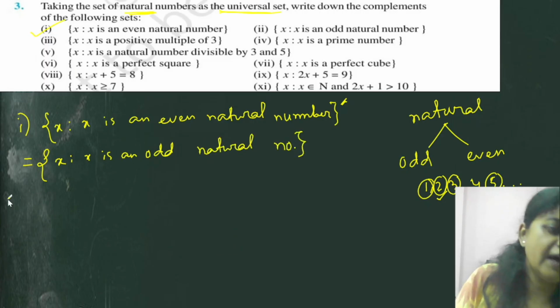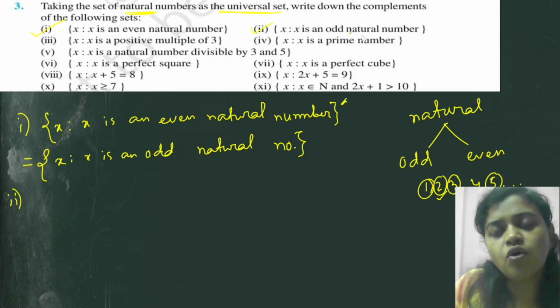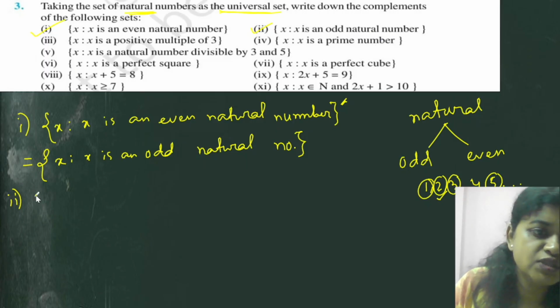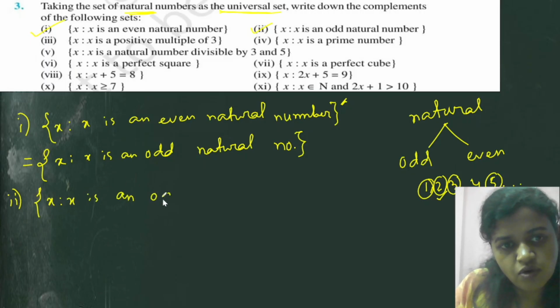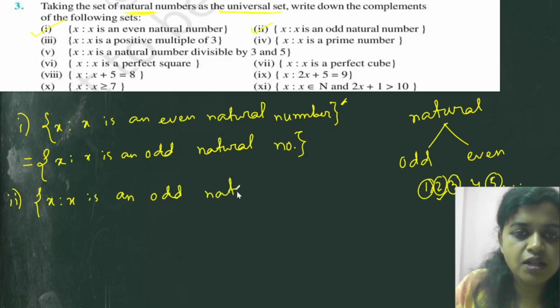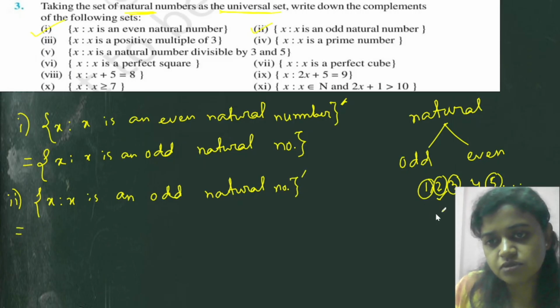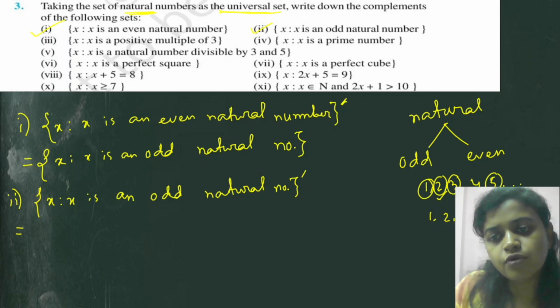Clear? Now 2. So x is an odd natural number. Simple. We have to find its complement. Let us copy: X is an odd natural number. So this is the list of the natural number set: 1, 2, 3, 4, 5, 6, 7 and many more.